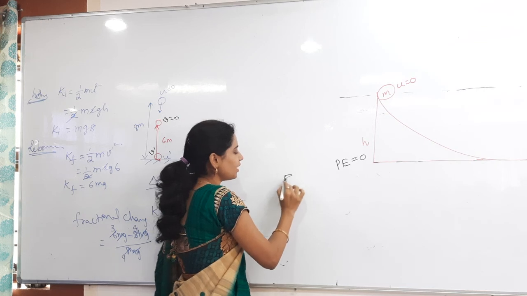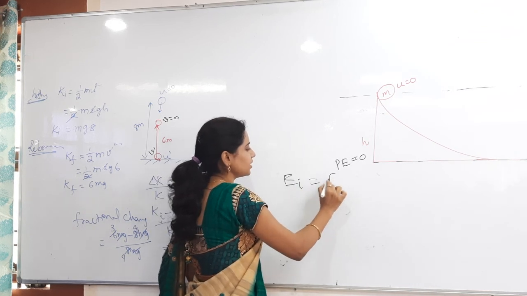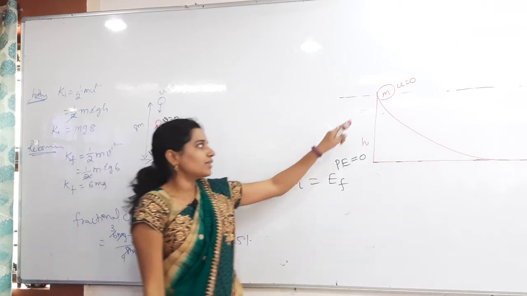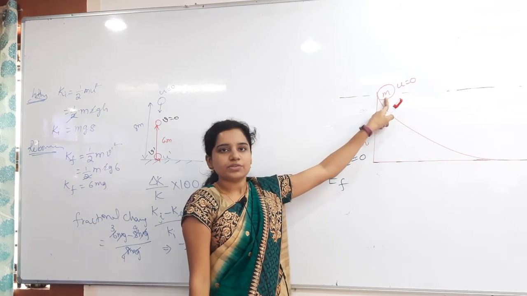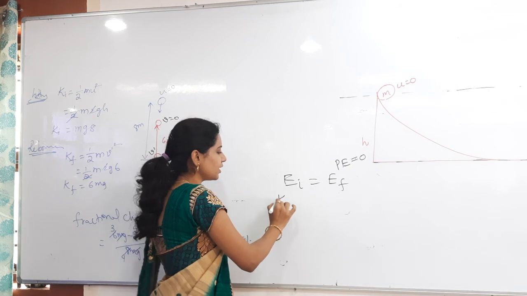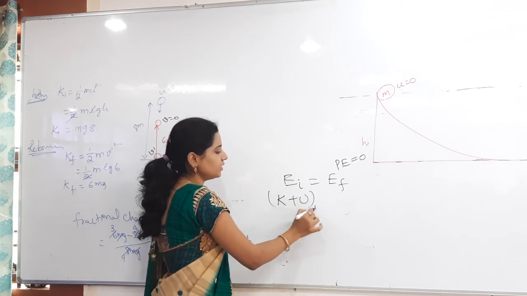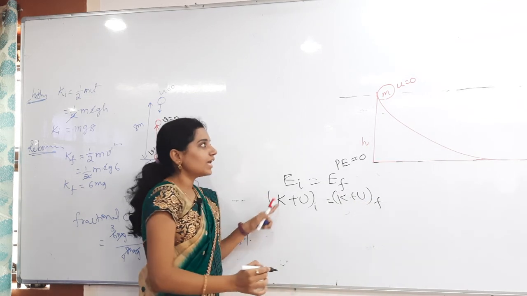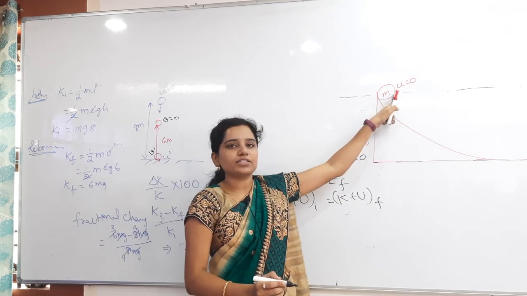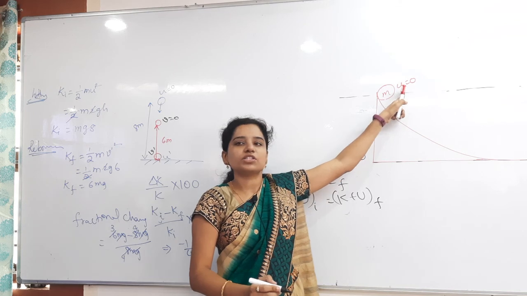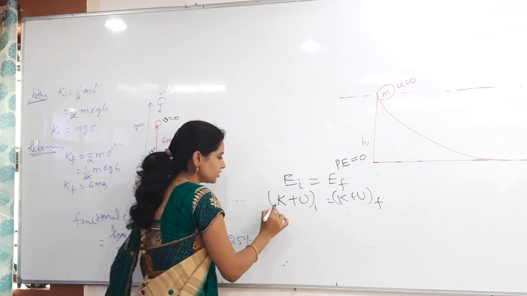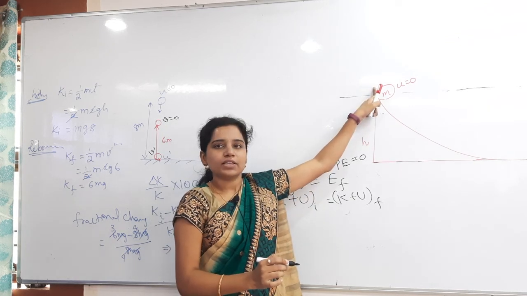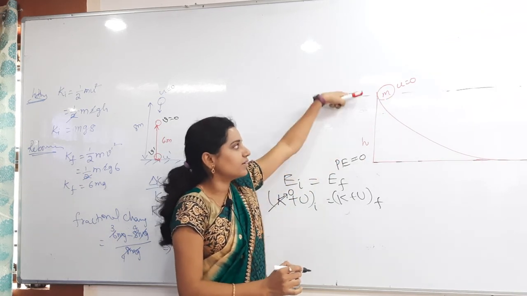Now always you have to apply the conservation of energy. Energy initial is equal to energy final. The body is starting from here, so K and U initial is equal to K and U final. Initially what is the kinetic energy? 0, because the velocity is 0. What is the potential energy initially? mgh only.